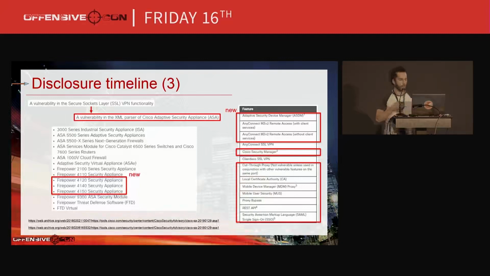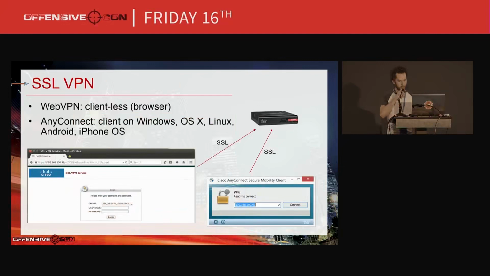Okay, so I've been talking about WebVPN, SSL. So let's talk about some protocols that we're going to need to understand for the vulnerability. So I said originally I found the bug in SSL VPN. So SSL VPN is basically what you're going to see if you use AnyConnect clients.